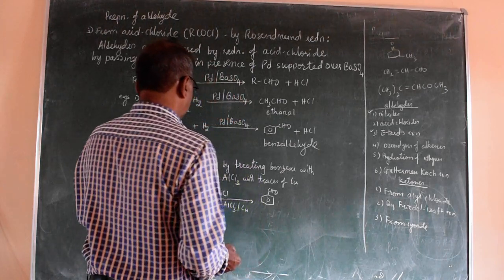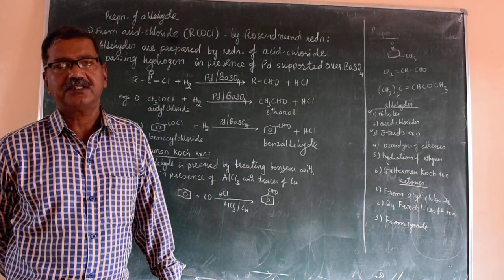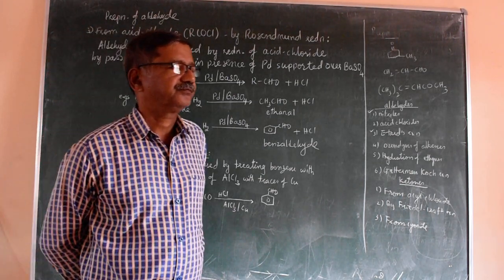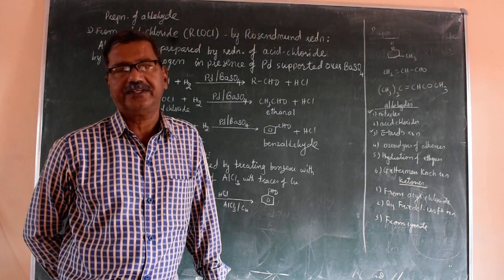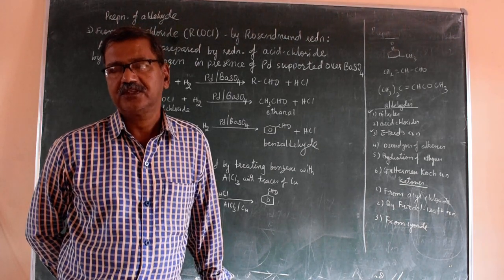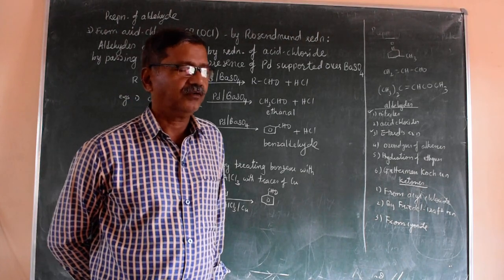So all these reactions are important. One is from cyanide, reduction of cyanide by using SnCl2 and HCl. That's called Stephen's reduction. Second, it is by using toluene.